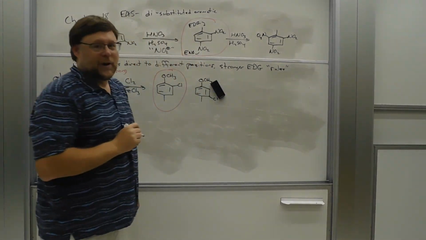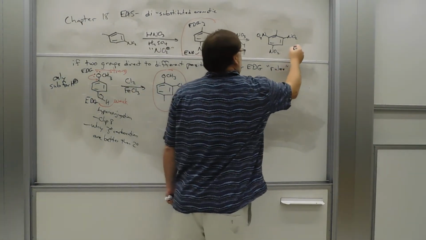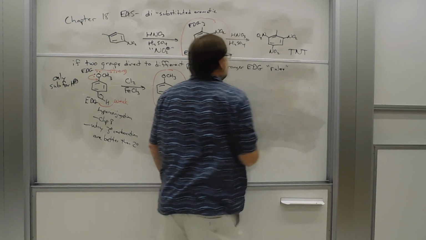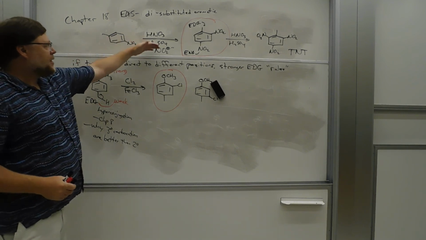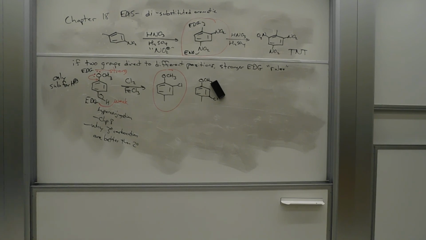That is trinitrotoluene, better known as TNT. And so this is actually how TNT is made. You can get toluene from petroleum. Nitric acid and sulfuric acid are pretty easy to come by on an industrial scale. This first reaction goes pretty well. Let's see how I'm doing on time. You know what? That's long enough. I'll talk about this on the next video.